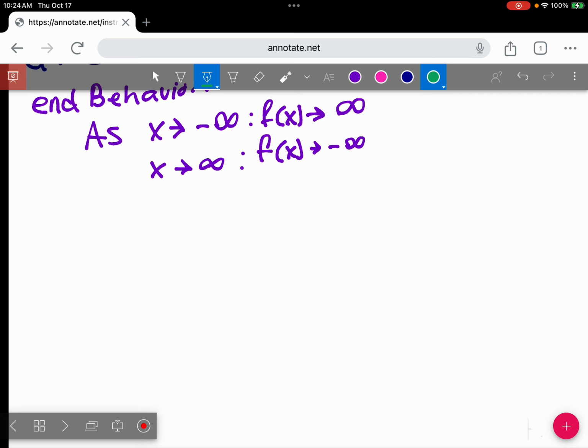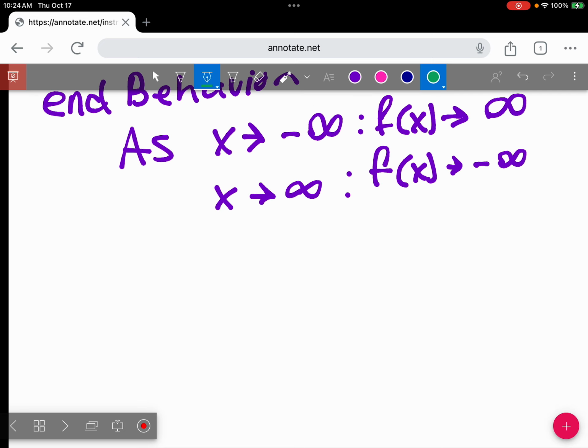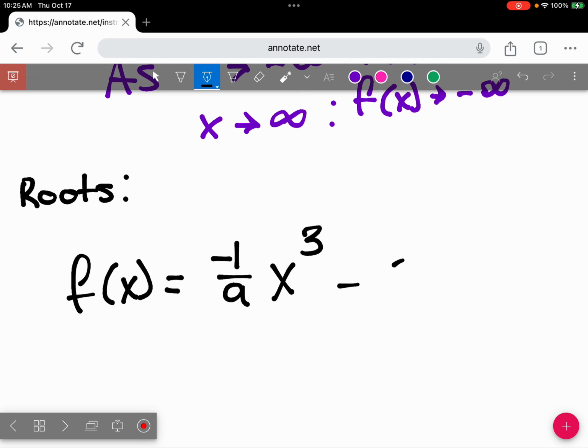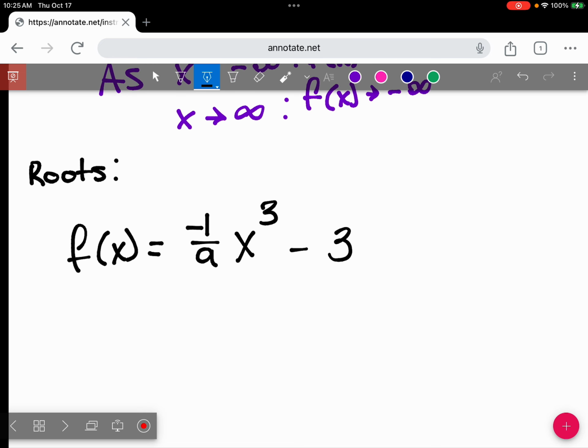So let's see if we can figure out where we've got some roots maybe. So our f of x is our -1/9 x cubed minus 3, which is super gross, right? I'd really rather deal with that x cubed if it didn't have a number in front, because we can deal with cubes.